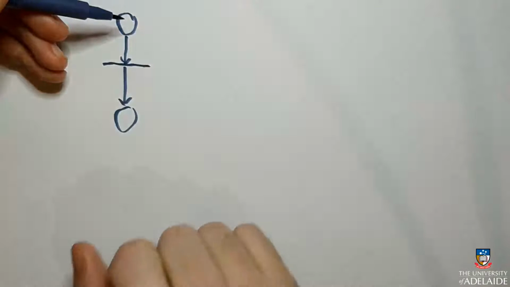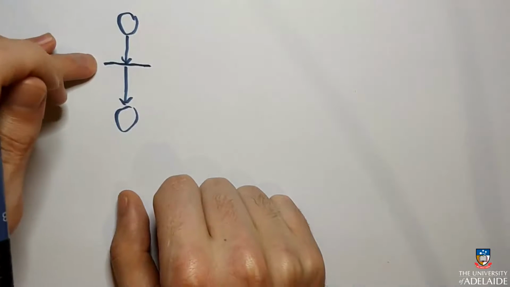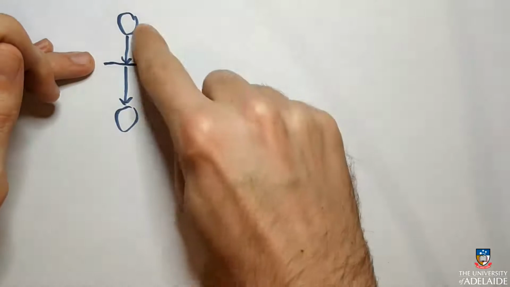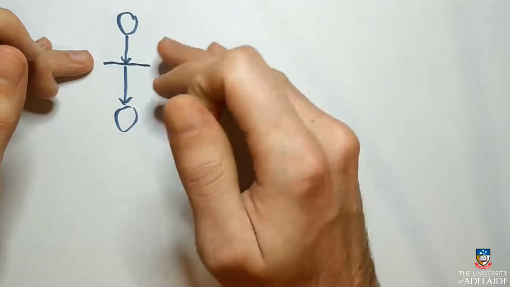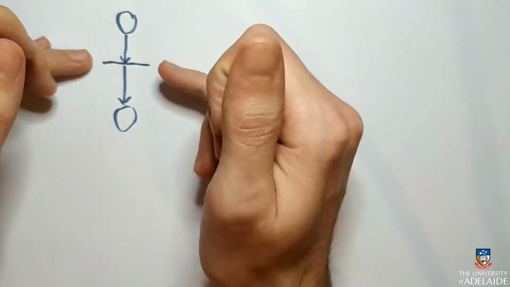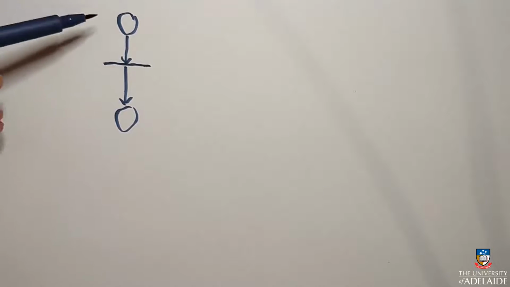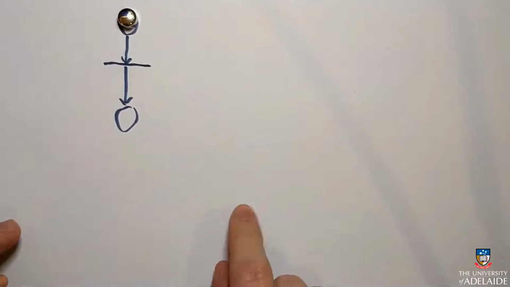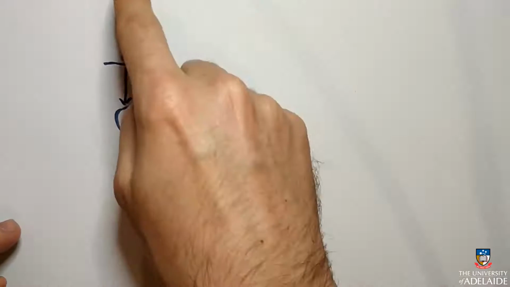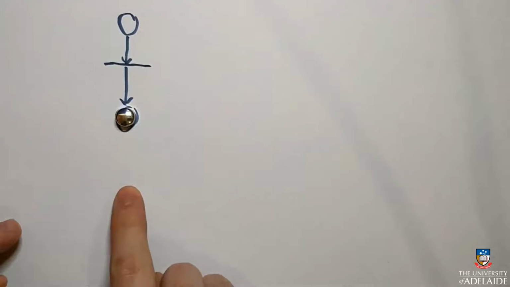So this transition is only enabled if this input condition is fulfilled, and therefore you cannot action this transition unless the input condition is fulfilled. So right now, you cannot fire this transition because its input condition is not fulfilled, but as soon as I fill the input condition, this transition becomes enabled and I can fire it, like so.